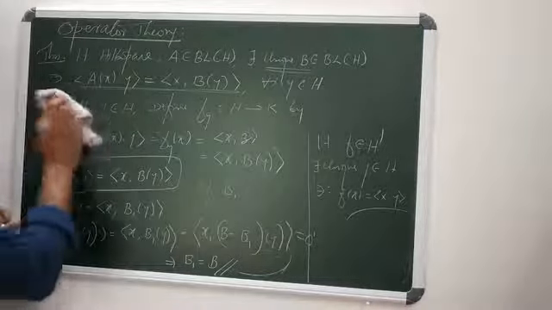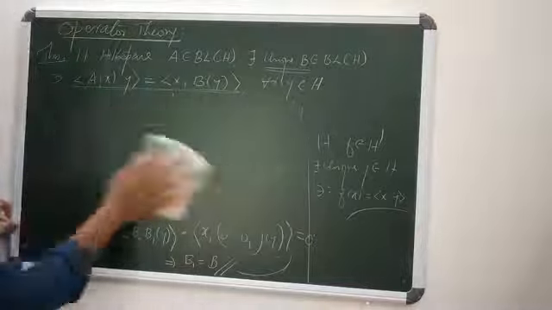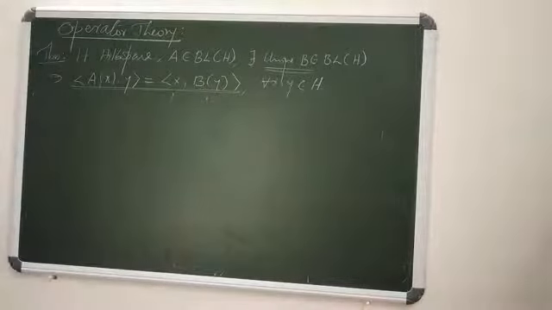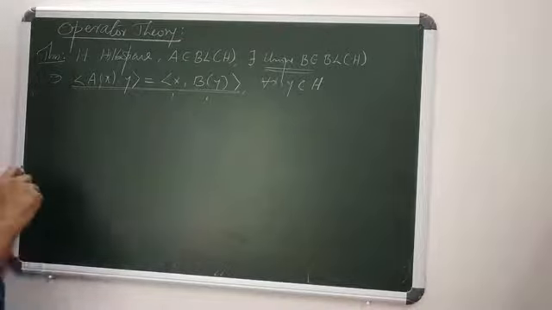So now we again go to this theorem: when H is a Hilbert space and A is in BL(H), then there exists a unique B on H with inner product axy the same as inner product xBy.